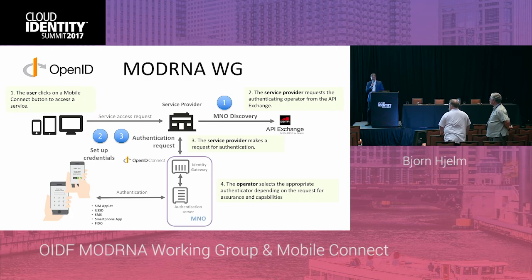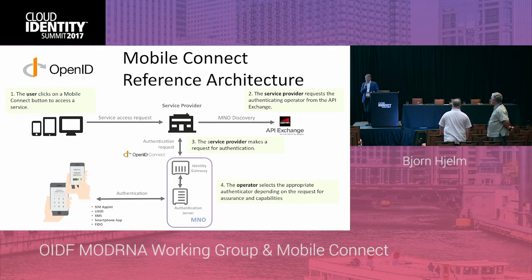From a MODRNA perspective, we're just addressing how you do discovery, how you set up your client, as well as how you do authentication. The choice of authentication is maybe a Mobile Connect specific implementation or choice.